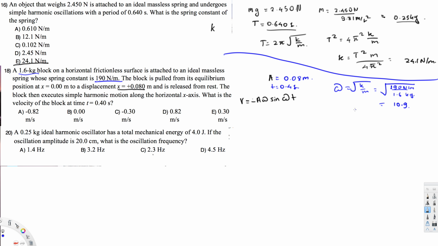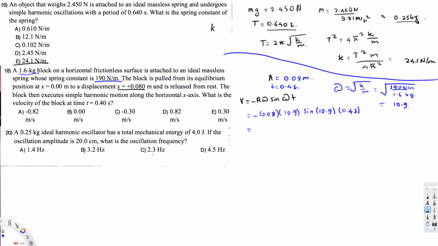All we have to do is simply substitute in the velocity equation. We have minus A, the amplitude, that is 0.08, and then we have omega, that is 10.9, sine of omega t, so 10.9 times t, that is 0.4 second. If you plug into the calculator, you will get a negative answer.